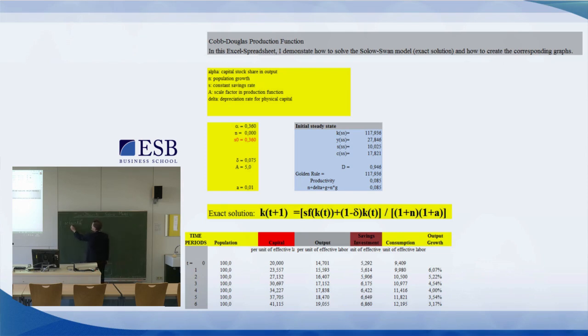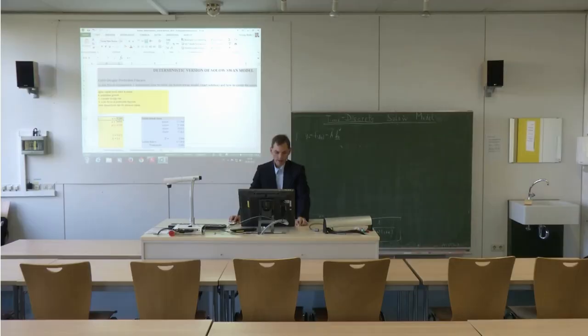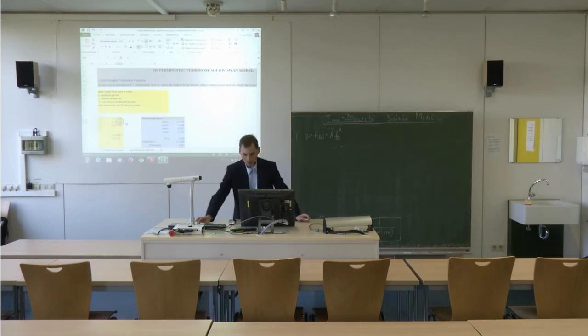So if we assume an explicit production function, we also have this alpha parameter. And here I have numbers for these parameters.